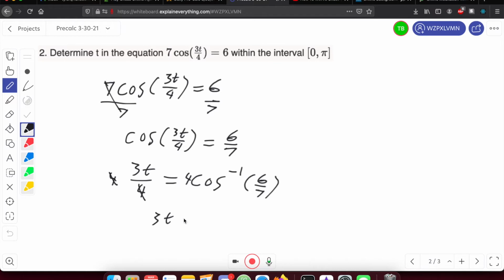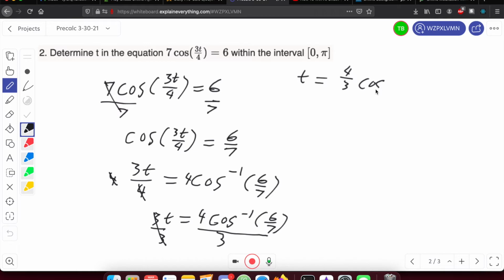We'll be left with 3t equals 4 cosine to the -1 of 6/7. And now we're just going to divide both sides by 3 so that these cancel. And as our final answer, we will have t equals 4/3 cosine to the -1 of 6/7.